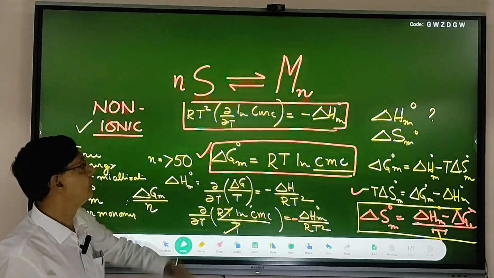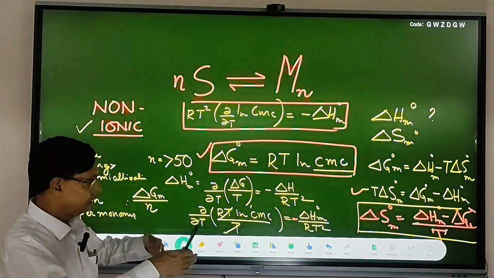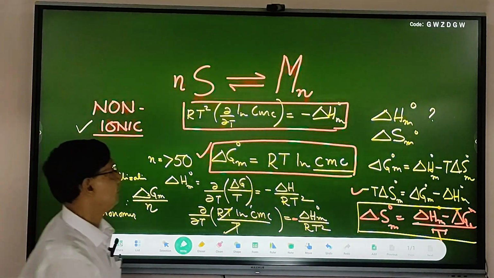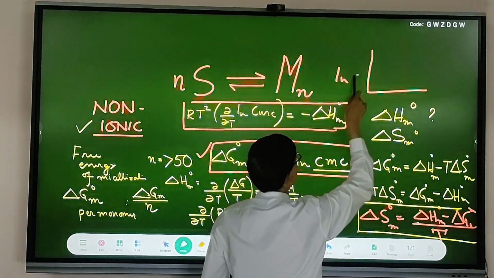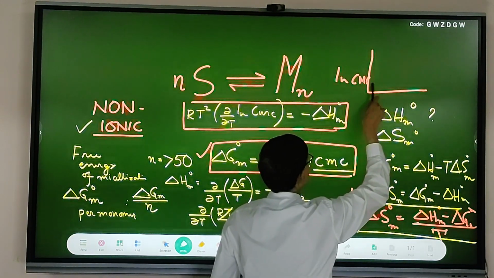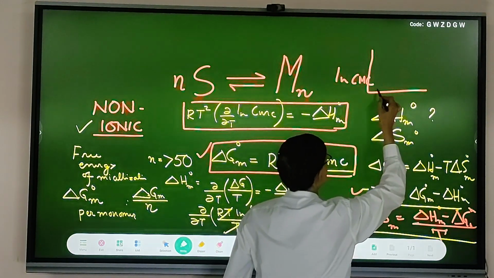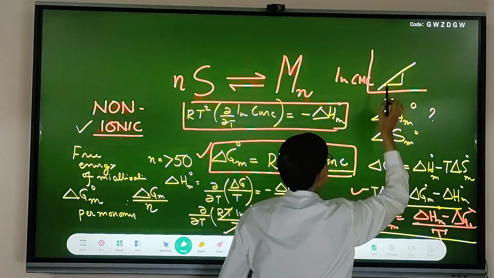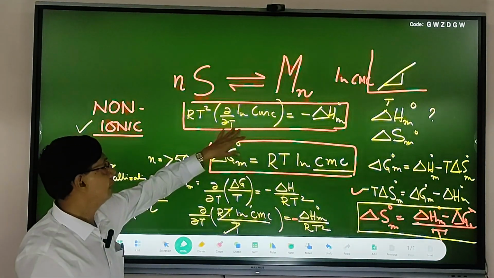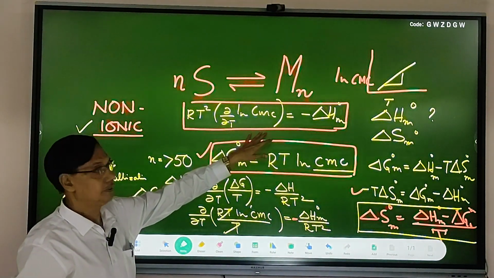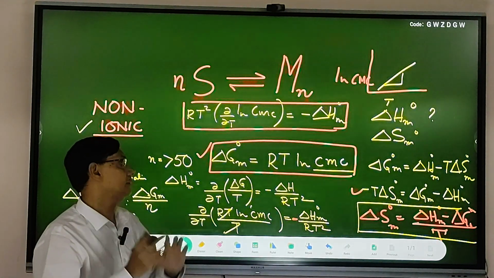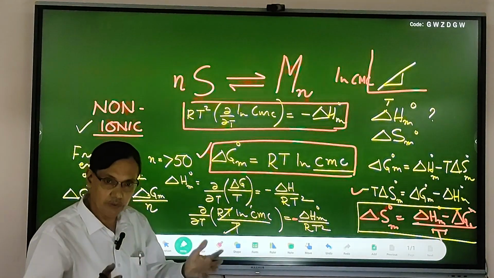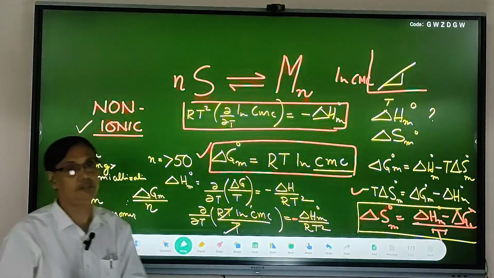That means you have to determine the CMC at various temperatures and plot a graph between natural log of CMC and T. Suppose you are getting such a plot. The slope is d by dT of natural log CMC. So this is the experimental method by which you can determine all these thermodynamic parameters for non-ionic surfactant.